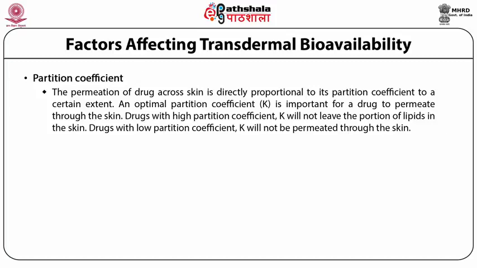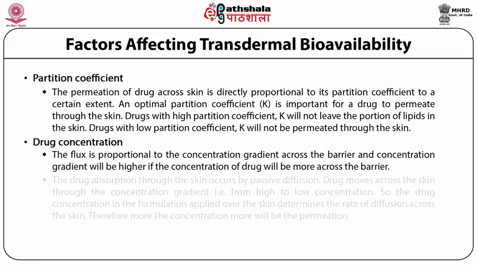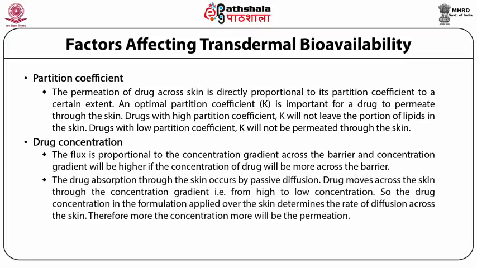The next factor in line is the drug concentration. The flux is proportional to the concentration gradient across the barrier, and the concentration gradient will be higher if the concentration of drug is more across the barrier. Drug absorption through the skin occurs by passive diffusion.